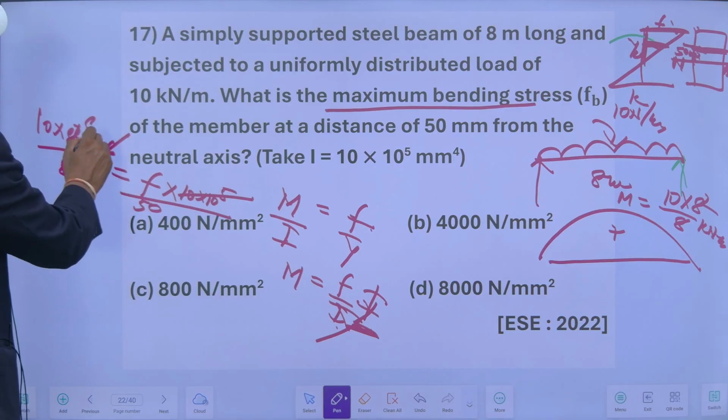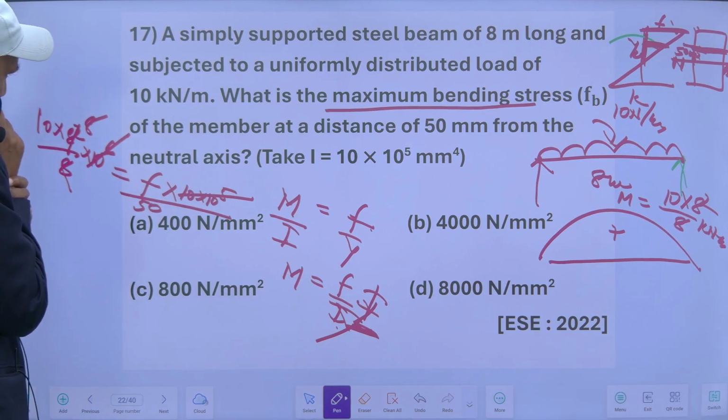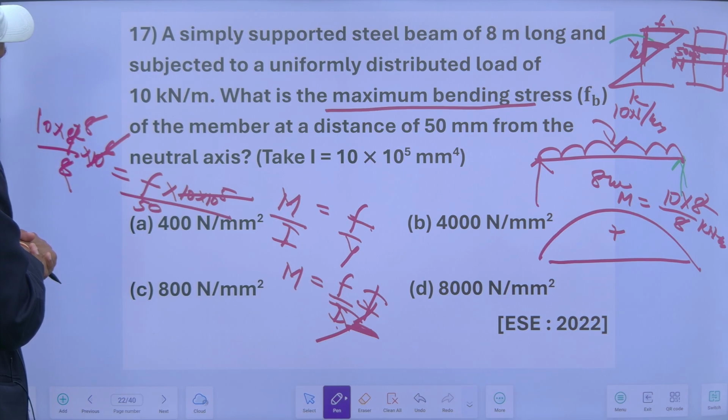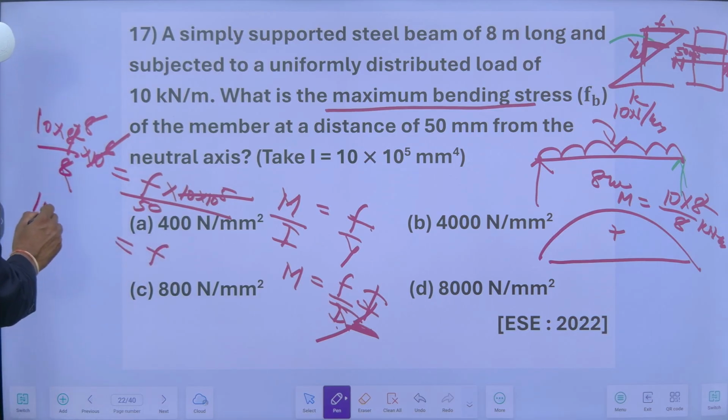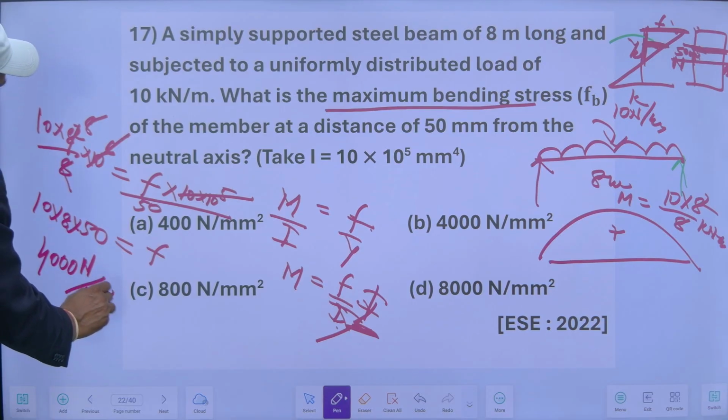This is 8 here, so this will become 80. So this f will be 10 into 8 into this 50, so this will be 4000 Newton per mm square.